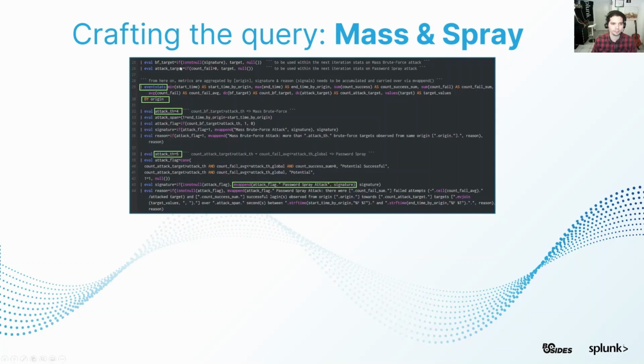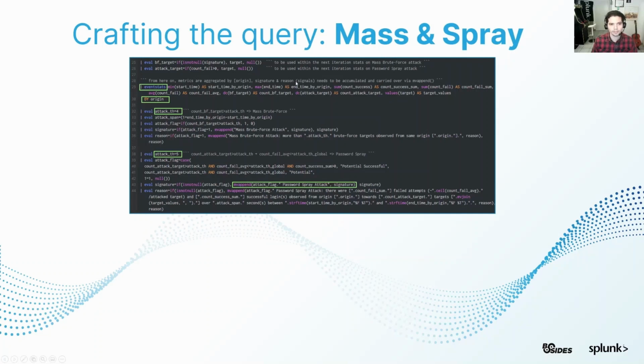So everything that happened before is still available within this context. If you think about how the events are streaming into Splunk or into the engine. Here I can also define or customize another threshold. And similarly, I can do the same for the password spray. I have another threshold here that I can set.